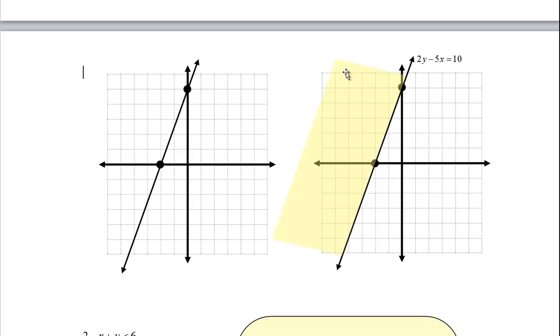So all these points that are in this section work in my inequality. Now if you'll notice, I did label the equation I used to find this. You'll find out why a little bit later. So you just need to go ahead and get in that habit.